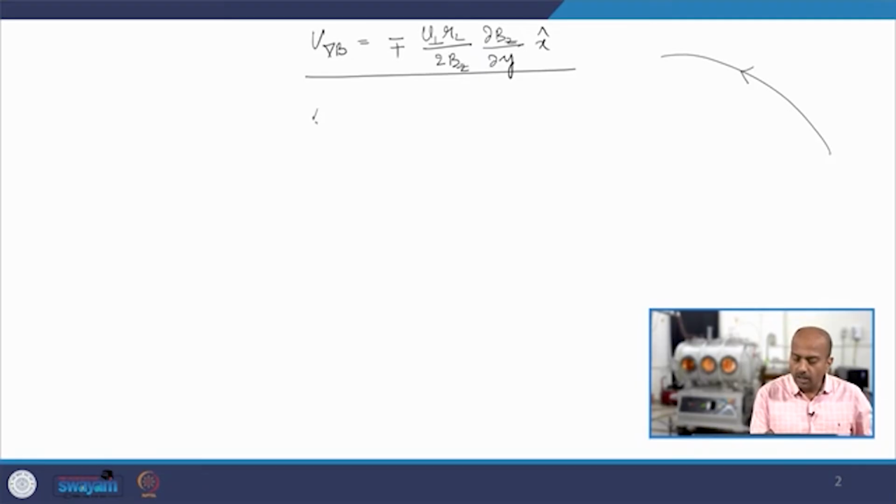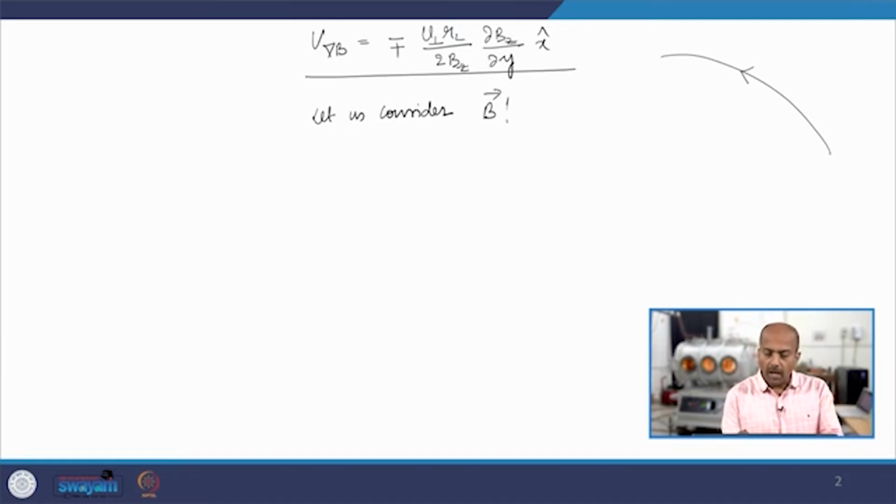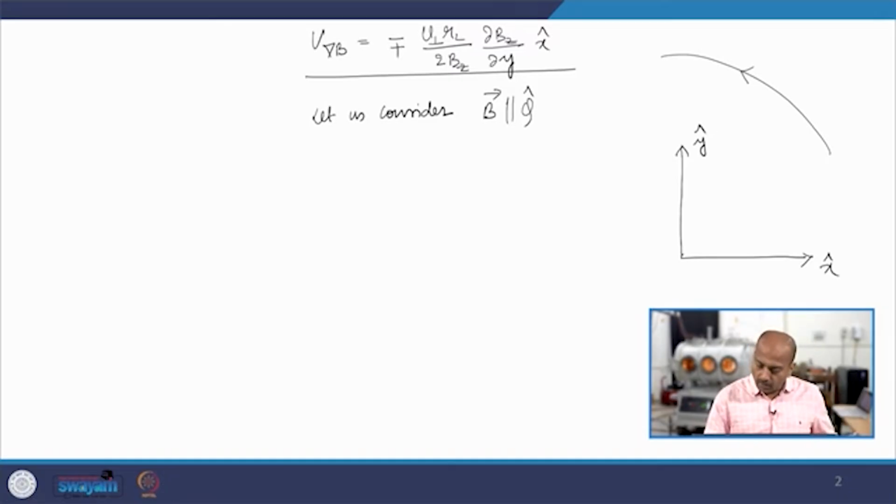Now, for this, let us consider the magnetic field B parallel to the phi cap direction. So, you are looking at the cylindrical coordinates now. So, let us say we have x cap and we have y cap, and we have this z out of this plane.